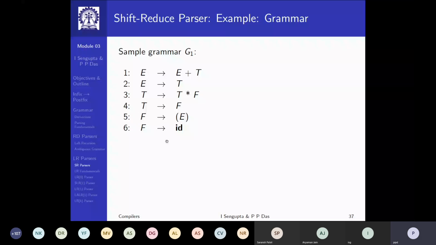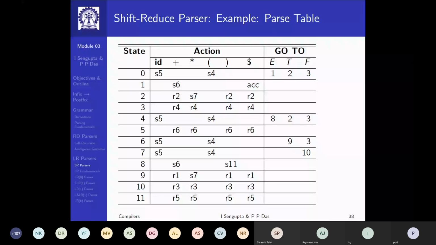There are 6 production rules. The rows of this table are states of the controlling finite automaton. This finite automaton has 12 states, and that is what will decide what the PDA is doing.